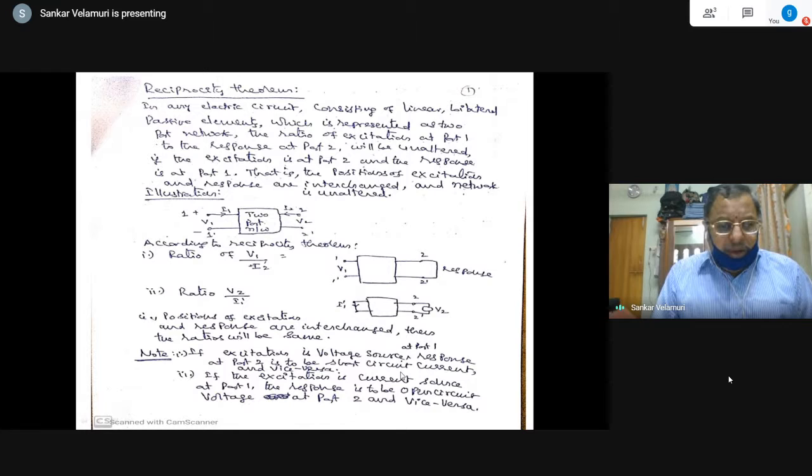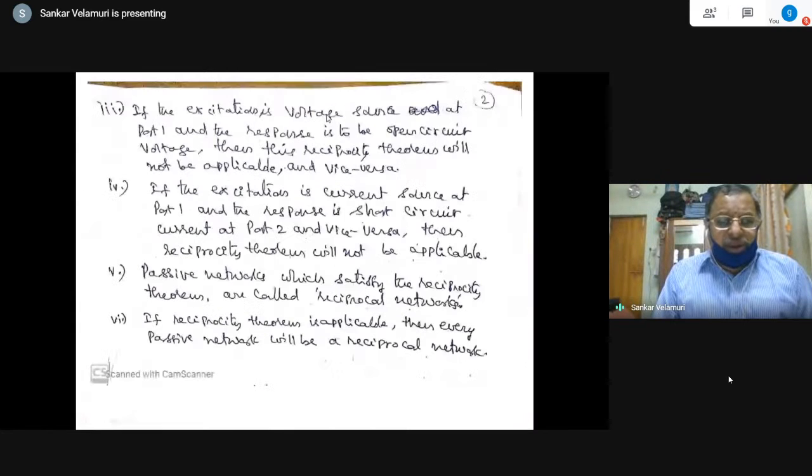If the excitation is a current source at port 1, the response is at port 2, and vice versa. Now, if the excitation is a voltage source at the other port, it is similar. So here it is voltage source and open circuit voltage, or excitation is current source and short circuit current. Both being of the same type is not permissible because the ratio will not be obtained.